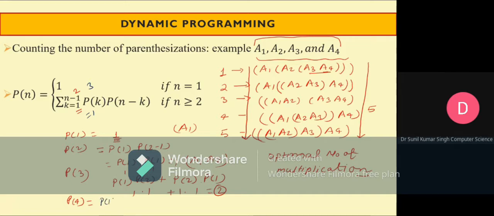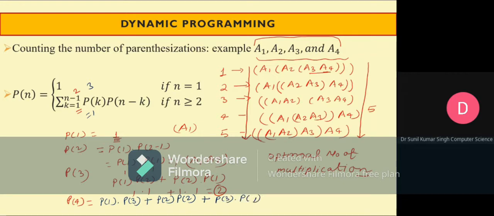So P of 1 into, look here, 4 minus 1, that means P of 3, plus when K is equal to 2, P of 2 into P of 4 minus 2, that is P of 2, plus when K is equal to 3, P of 3 into P of 1.